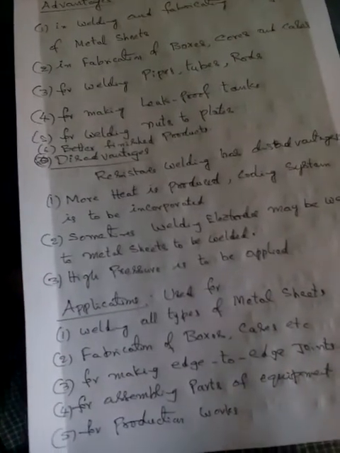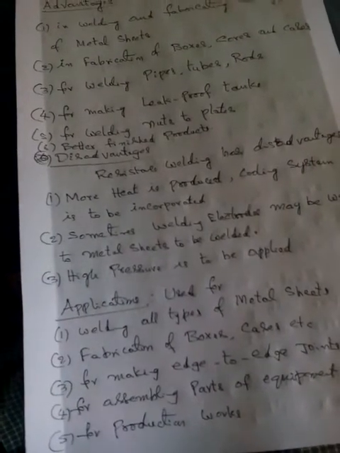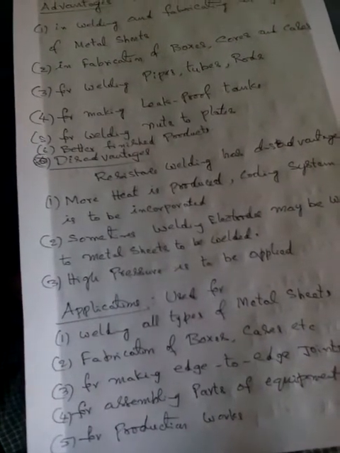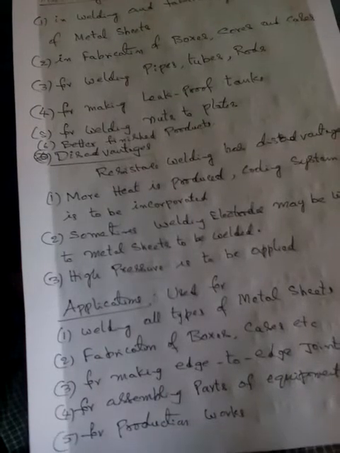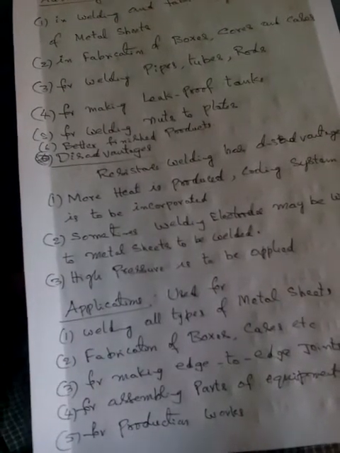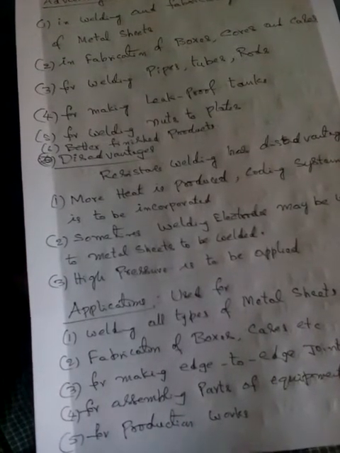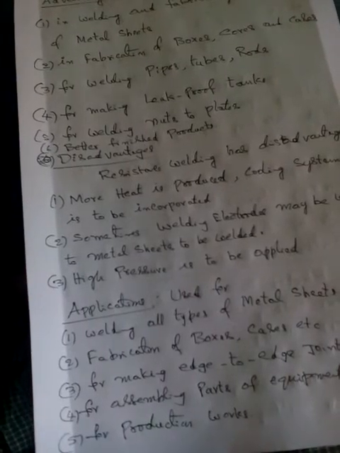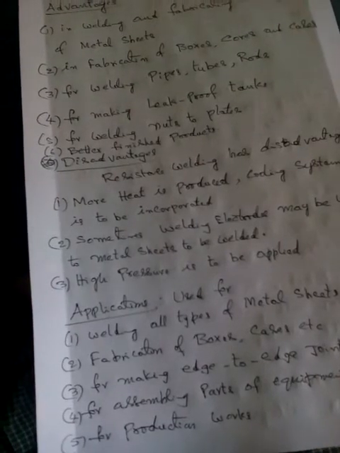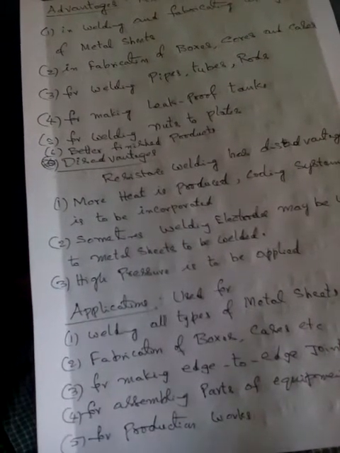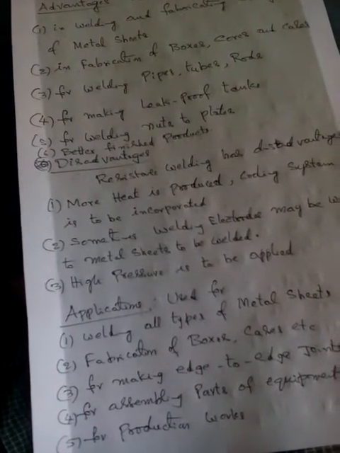Then the applications. We have plenty of applications. They are used for welding all types of metal sheets, fabrication of boxes, cases, etc., for making edge-to-edge joints, for assembling parts of equipment, for production works, and for welding a large number of metal sheets in the industry. Electric resistance welding is used because it is very fast.